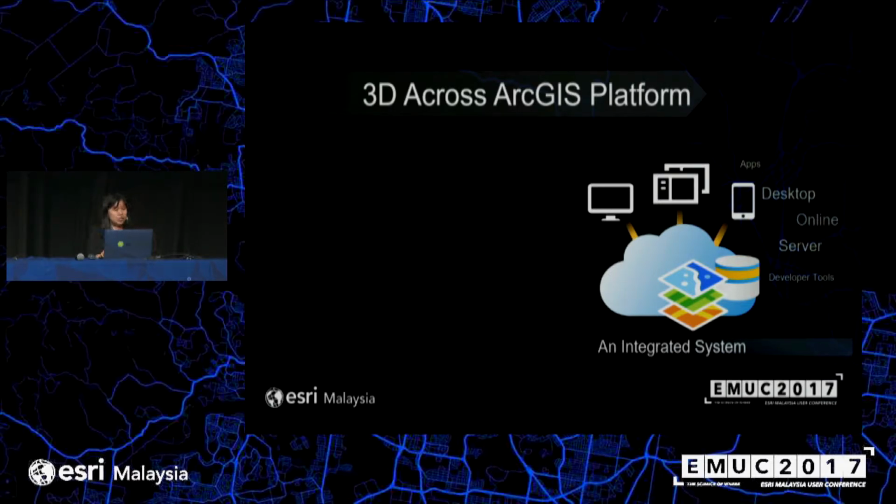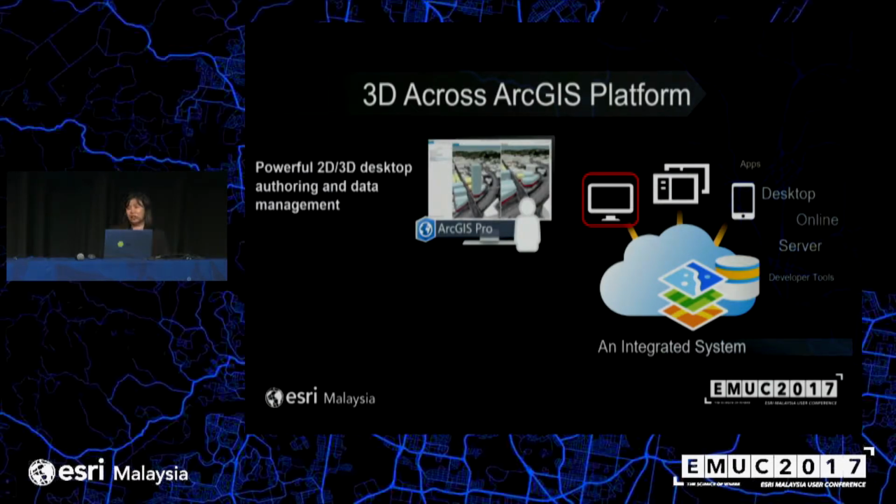Let's see what desktop offers in 3D. First is ArcGIS Pro, which my colleague Fahmi showed us just now. ArcGIS Pro is a powerful 2D and 3D desktop authoring and data management application.